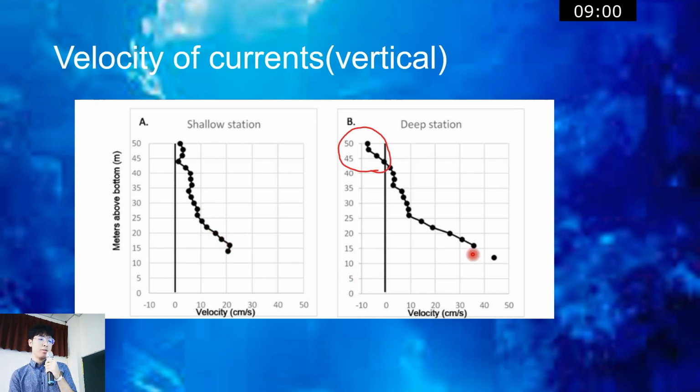The deep station is the same as the shallow station. The velocity gets slower as the depth rises. And at this depth, sometimes we can find the velocity is negative. It means that the current is upward.